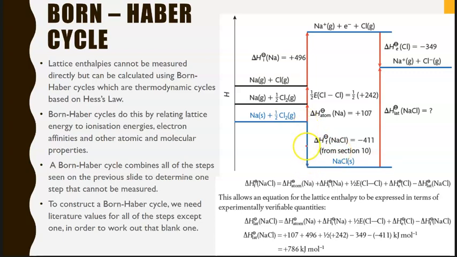this bit here is essentially going to be the energy for atomization plus the energy for ionization plus the half bond enthalpy plus the electron affinity, and then minus this one here.